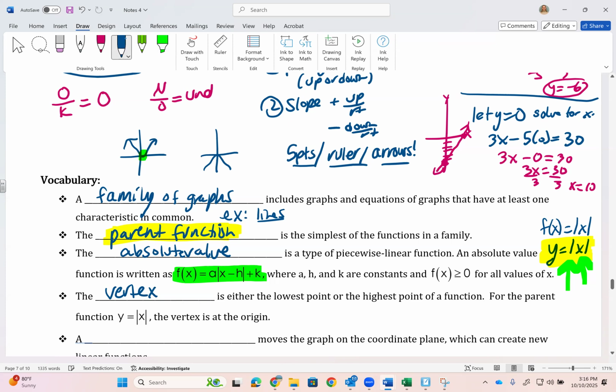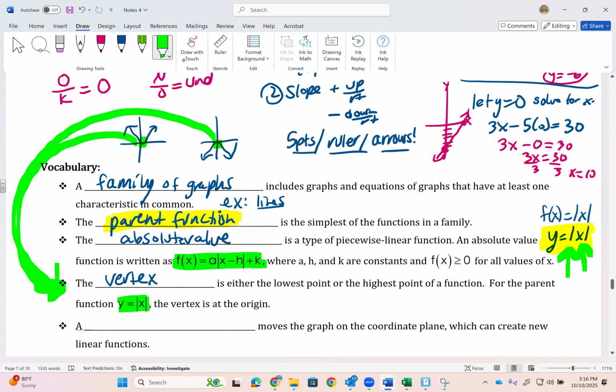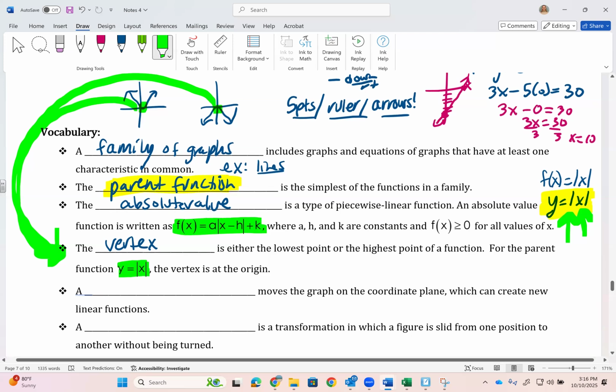Again, the vertex is still this part right here. So let's make a little picture. That part right here is going to be the vertex. Again, here's what they talk about with the parent function. That's a better one. What we're going to say is a transformation.